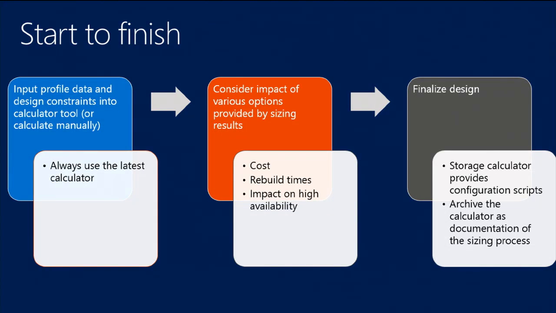So archive that calculator, archive the documentation of the sizing process, hang on to it. It's also useful if there's any sort of support question in the future from a sizing perspective. It's very useful for my team and Microsoft support more generally to be able to look at that information and see how the system was designed, how it was intended to perform. Very useful information.